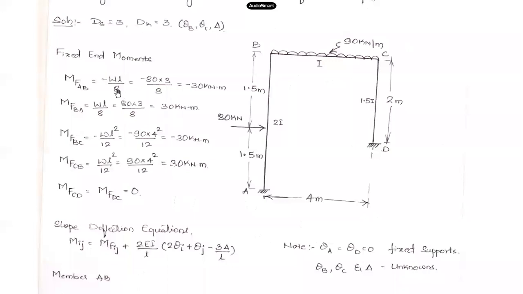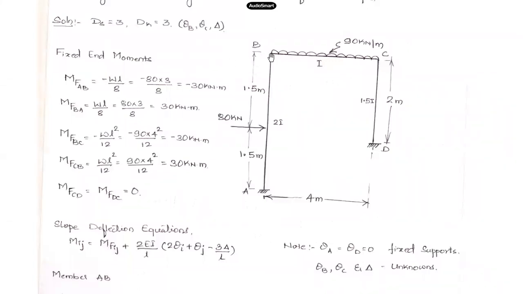This is the formula for finding the fixed end moment. So MFAB is minus 80 into 3 by 8, which comes out to be minus 30 kilonewton meter. MFBA will be plus WL by 8, and that comes out as plus 30 kilonewton meter, on substituting these values of W and L.